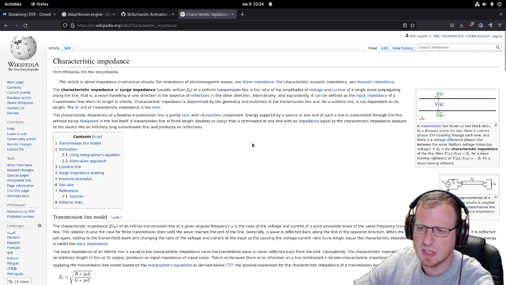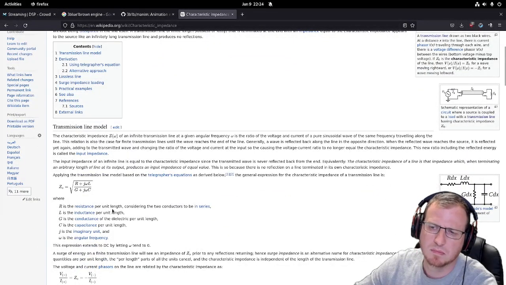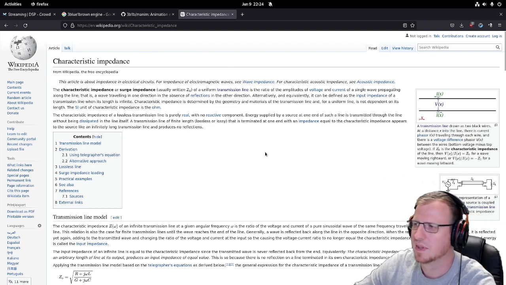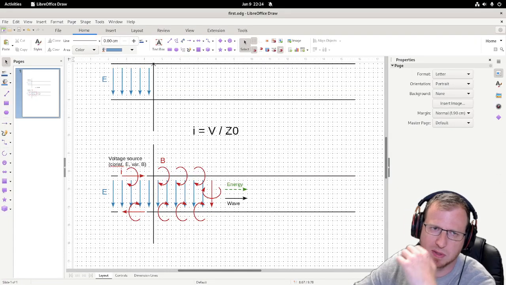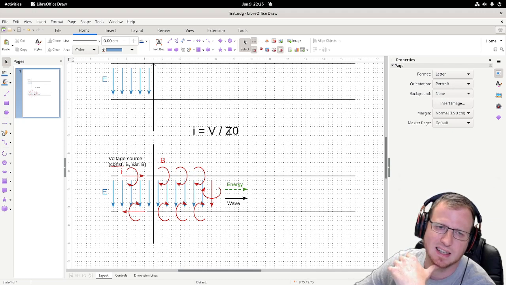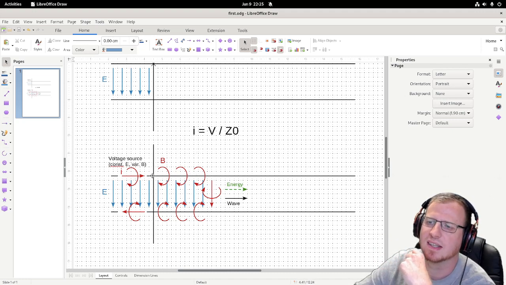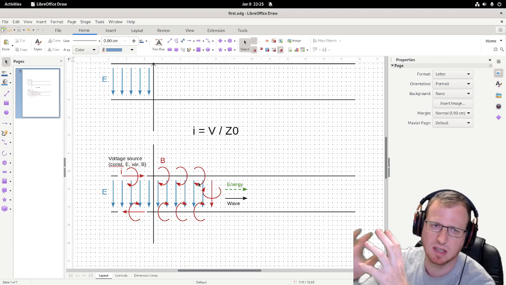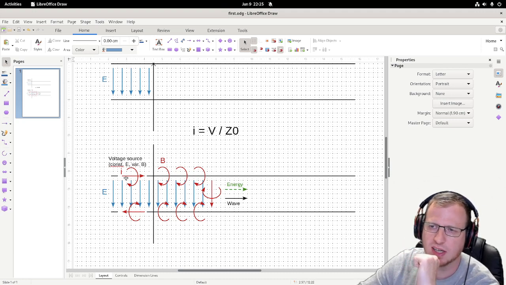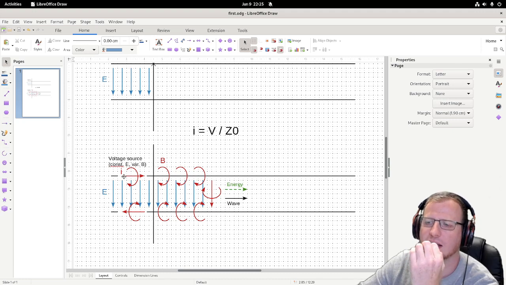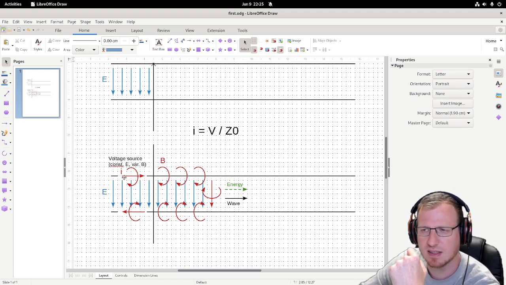That means, I don't want to go too deep into this at this moment, but Z0 is like a resistor, not a resistor, but a resistance, an impedance that is telling the voltage source, depending on the cable, on the transmission line, how much current there is flowing at the initial instance.